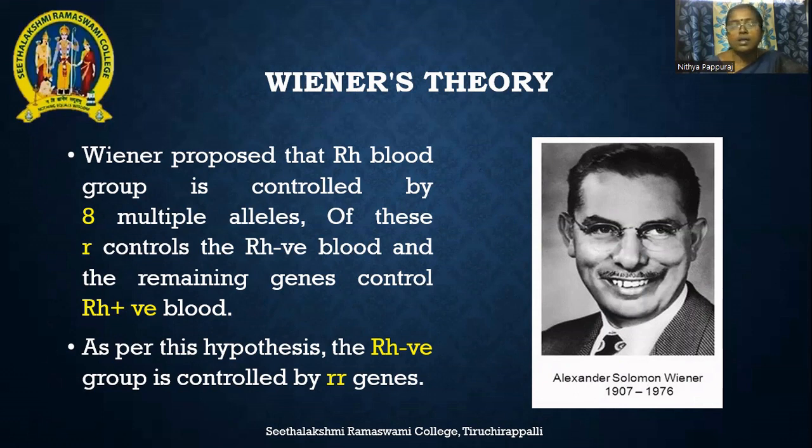Of these, small r controls the Rh negative blood and the remaining genes control only Rh positive blood. In this hypothesis, the Rh negative people may have only the small r gene.